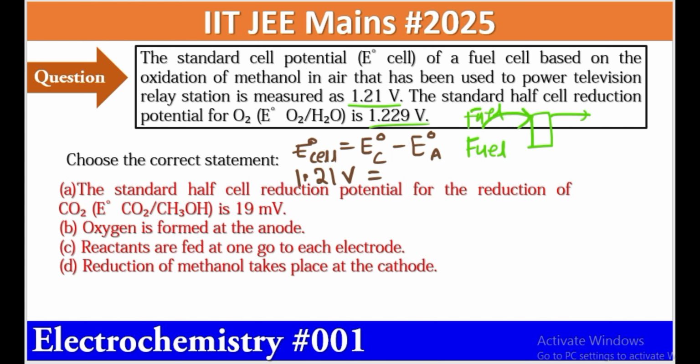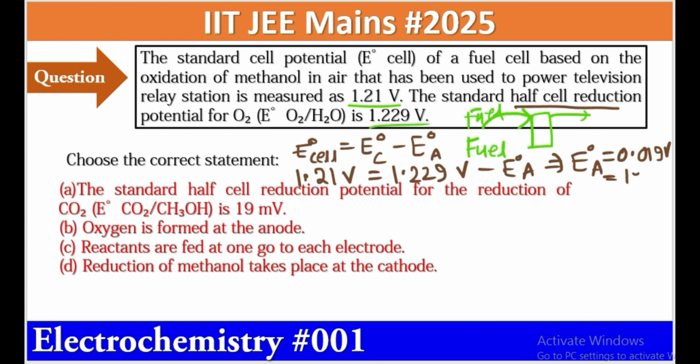At cathode reduction happens, so from the question we already have the data that the standard half cell reduction potential is given, that is 1.229 volt, minus E°anode. Now if we solve this, we will get E°anode as 0.019 volt, which is 19 millivolt.